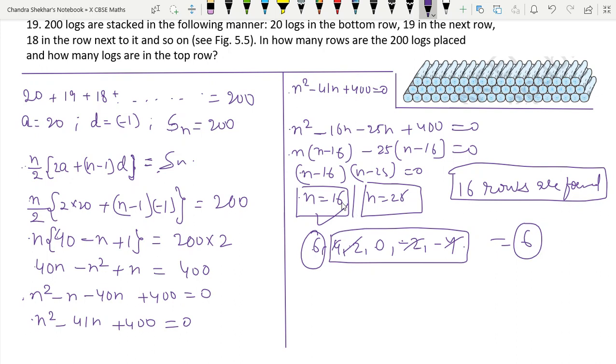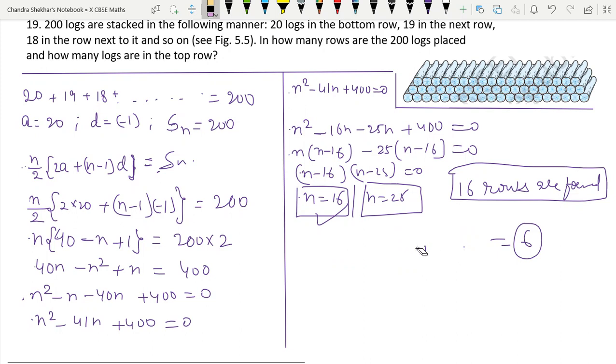So if I take 25 terms, then the 17th, 18th, 19th, 20th, 21st, 22nd, 23rd, 24th and 25th terms will all get cancelled because of negative and positive. So effectively, we will have only 16 terms as positive numbers. Is that understood now? Yes, sir.